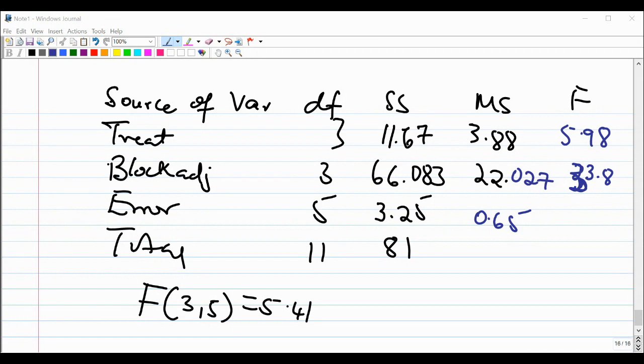If I want you to adjust both, I will indicate: adjust the treatment, construct two ANOVA tables. One will be adjusting the treatment and the other one adjusting the blocks. But in most cases, I won't ask you to adjust both.